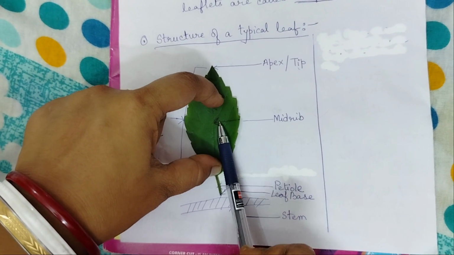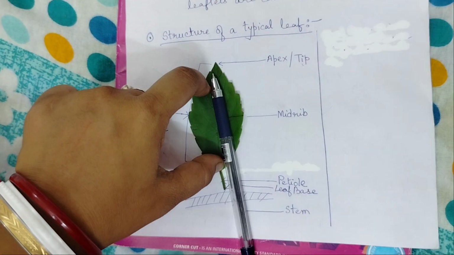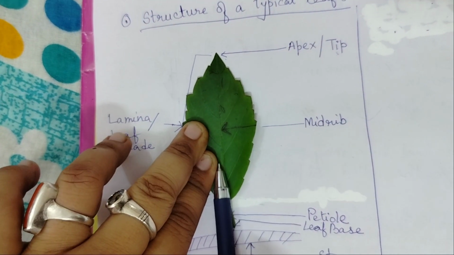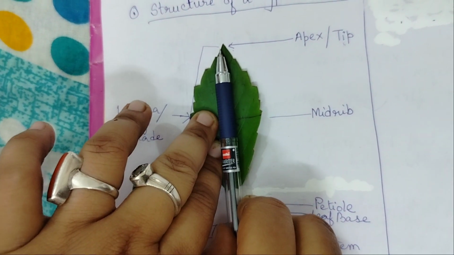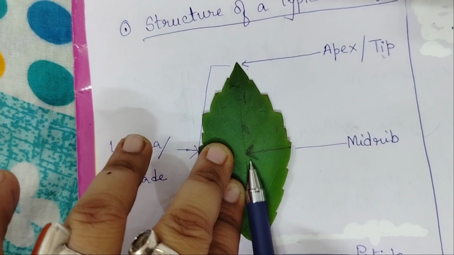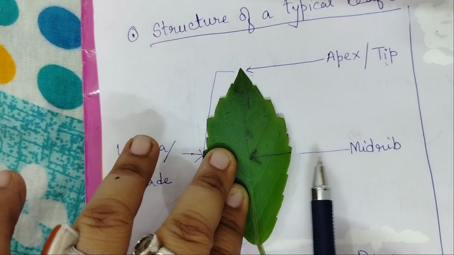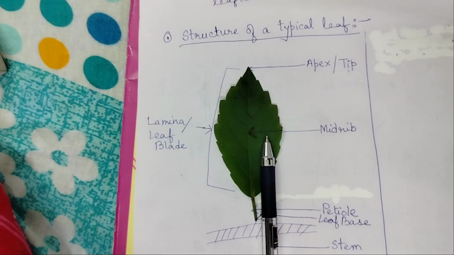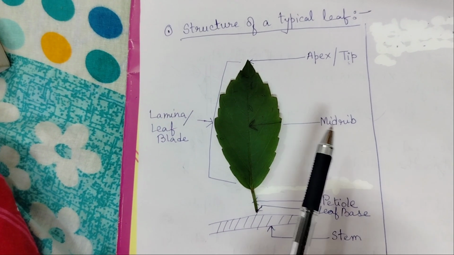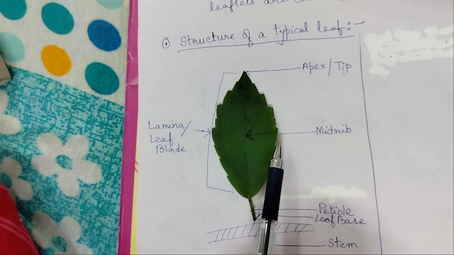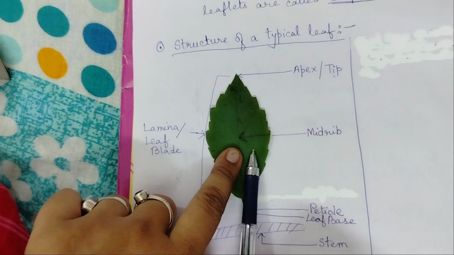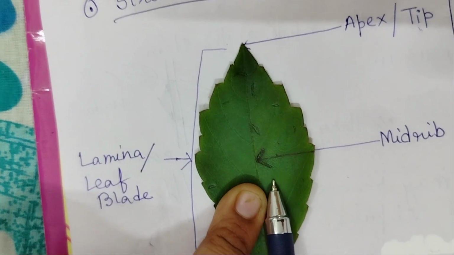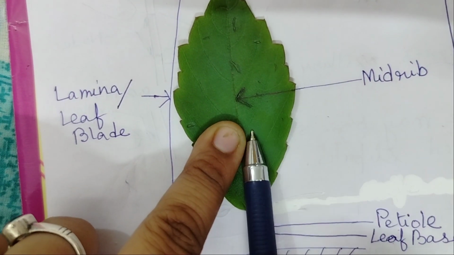Here, it is a middle portion. There is a long rod-like structure which is known as midrib. This is known as midrib. Midrib again divided into so many sections which are known as veins.